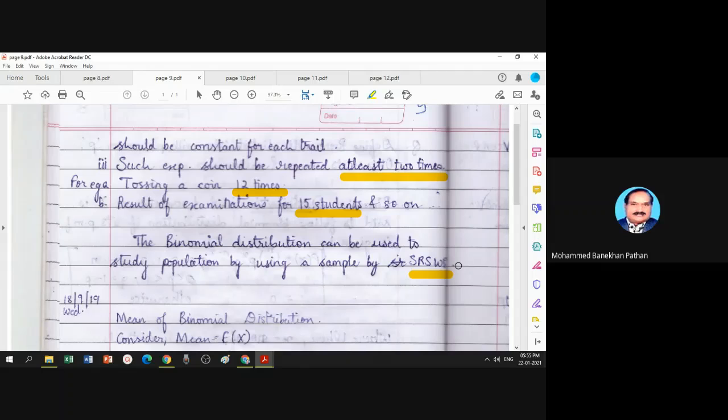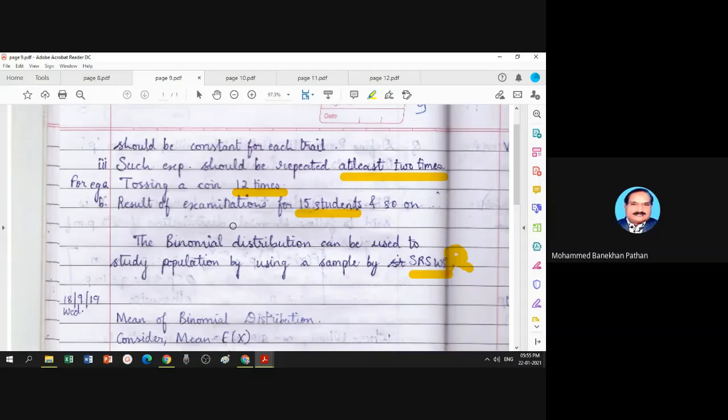So if you select a sample from the finite population using SRSWR, then you can use binomial distribution. So these are the 3 situations where you can use binomial distribution in real life.